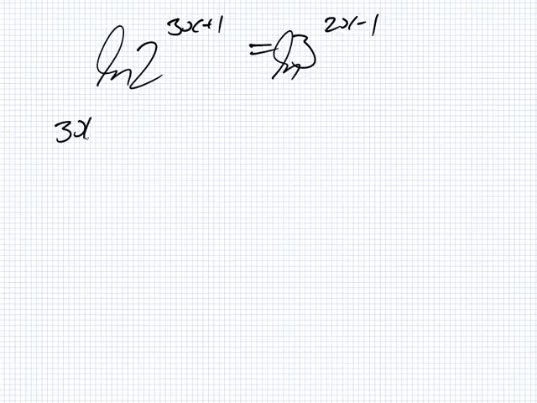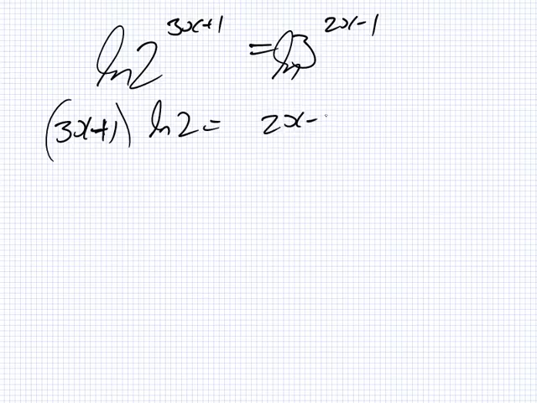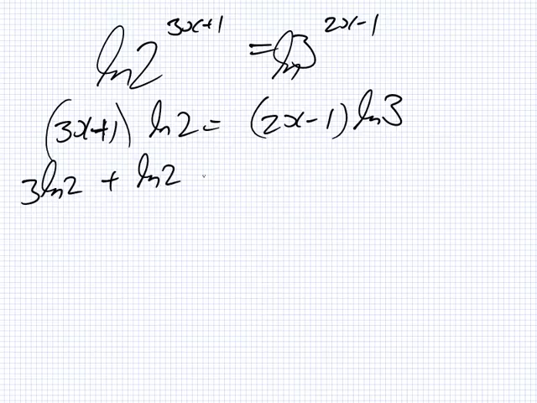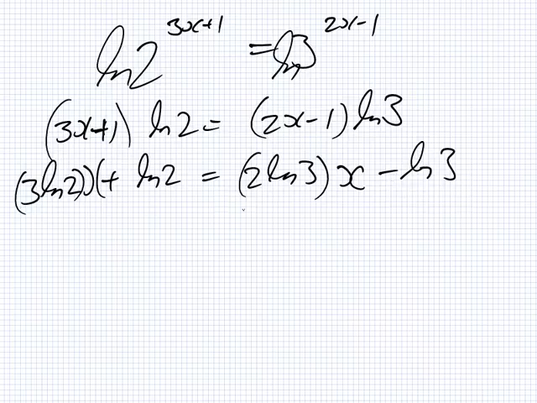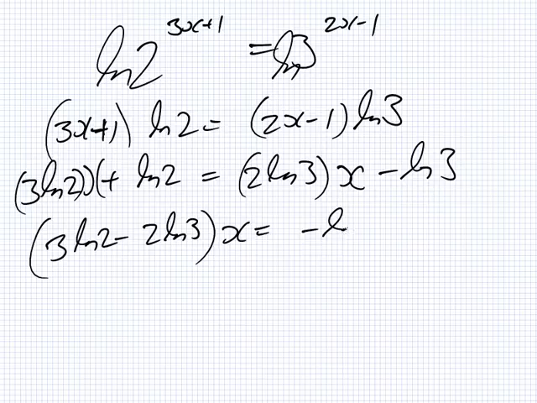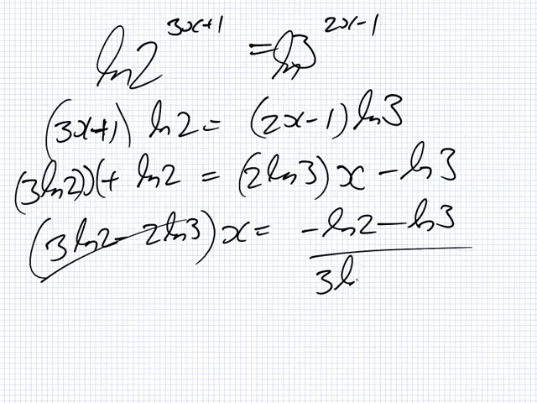And we get (3x plus 1) log 2 equals (2x minus 1) log 3. 3x log 2 plus log 2 equals 2x log 3 minus log 3. So we'll get (3 log 2 minus 2 log 3) x equals minus log 2 minus log 3. So this should be the answer.